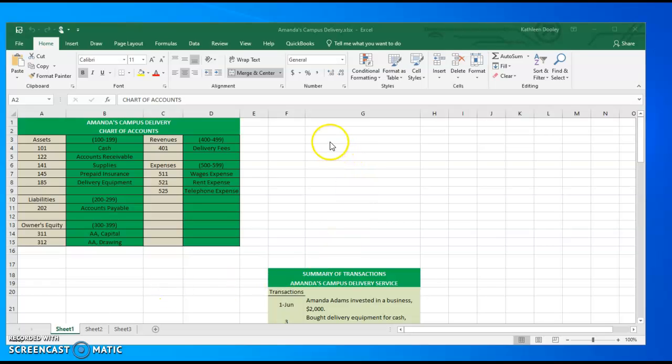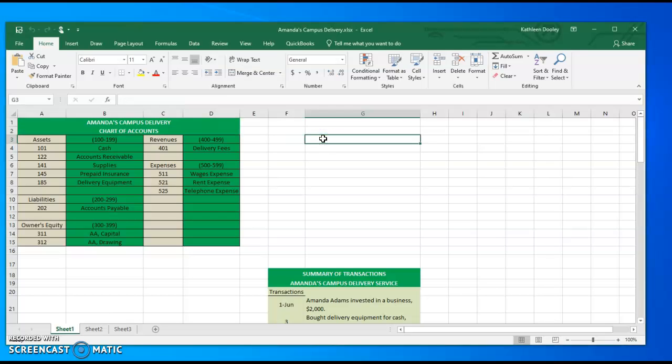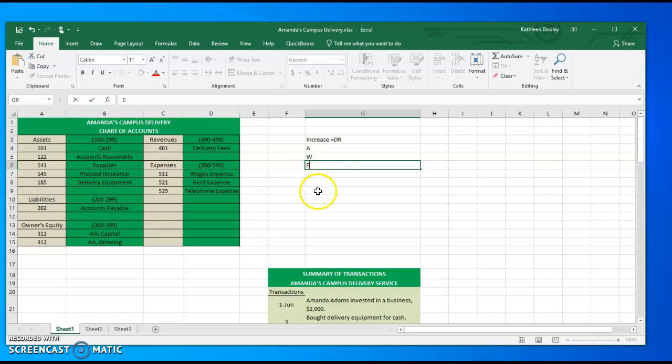And so let me put here that an increase is a debit for A, which is assets, W, which is withdrawals, and E, which is expenses.